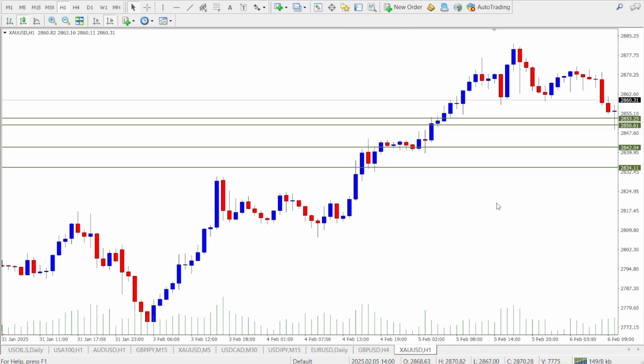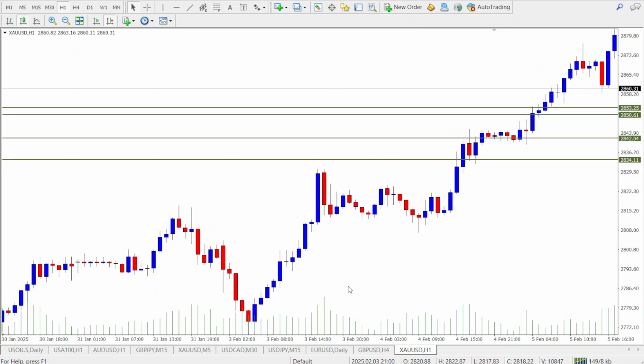A bullish engulfing occurs when a large bullish candle completely engulfs the previous red candle, signaling a potential upward move, like what we can see here. We can see how these bullish candles swallow up the previous bearish candle, and you can see that we actually had an upward move afterwards.